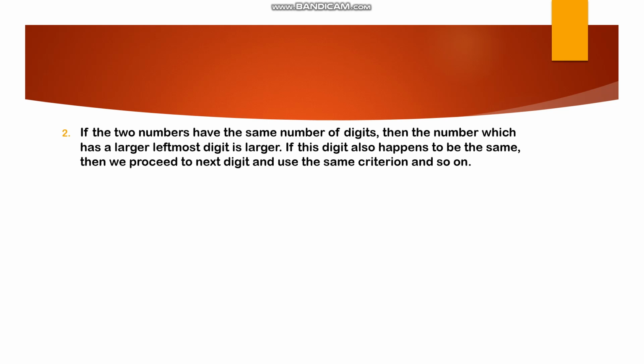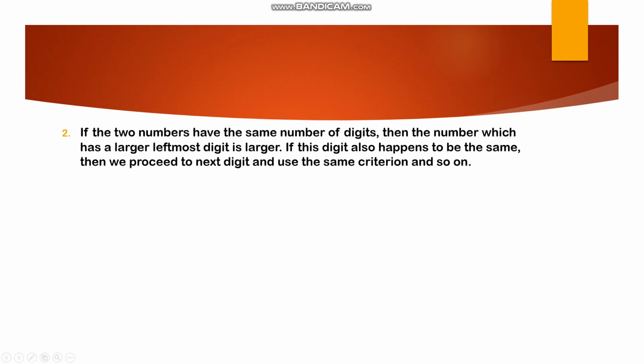So here you have to check by using this procedure. What is that? The number which has a larger leftmost digit is larger. You check the leftmost digit of both numbers, and whichever is larger, that number will be the largest number.